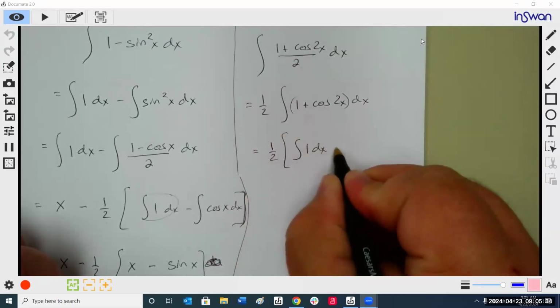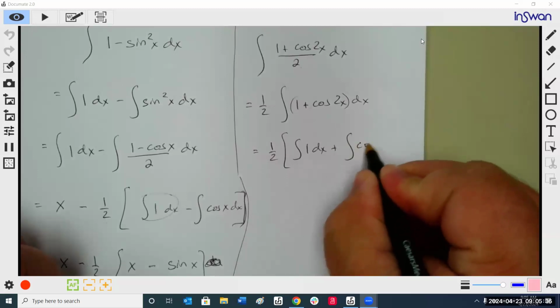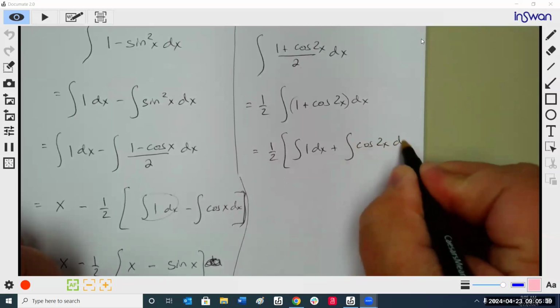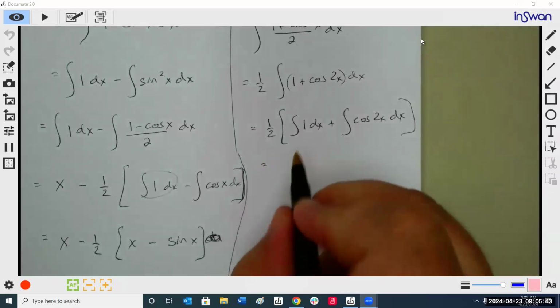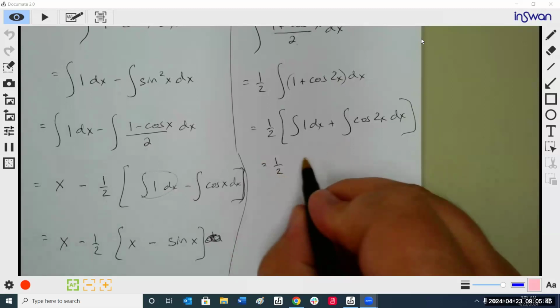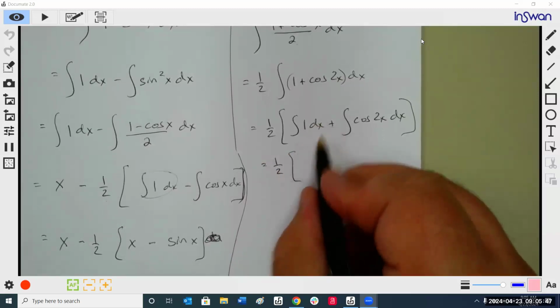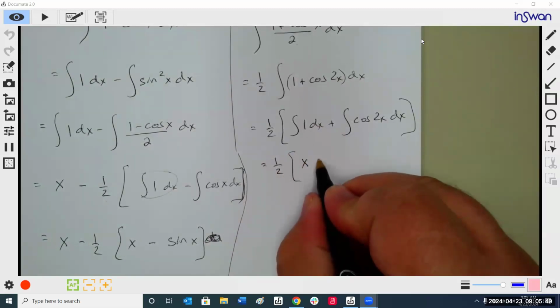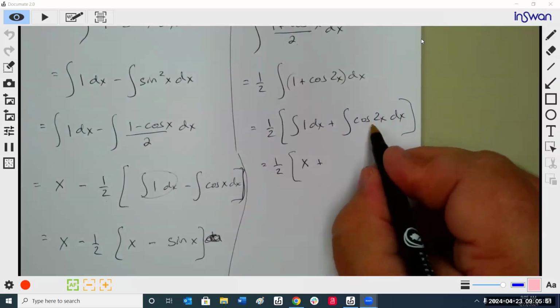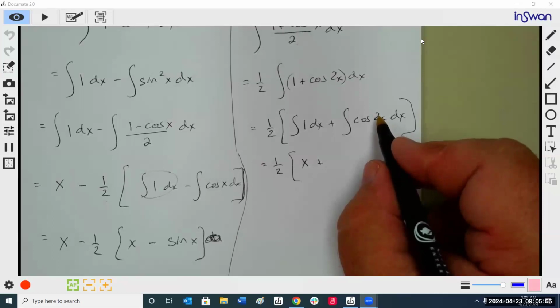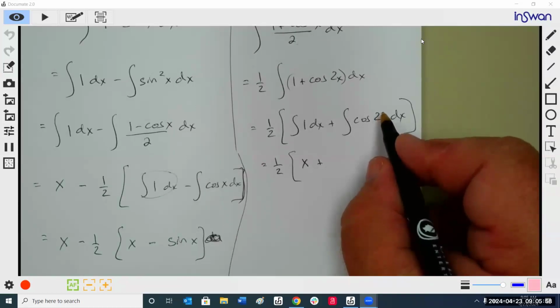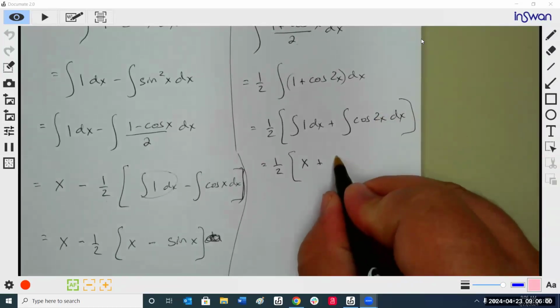Integral of 1 dx. Integral of cosine 2x dx. Integral of 1 is x. Integral of cosine 2x, we just did that, was 1/2 sine 2x.